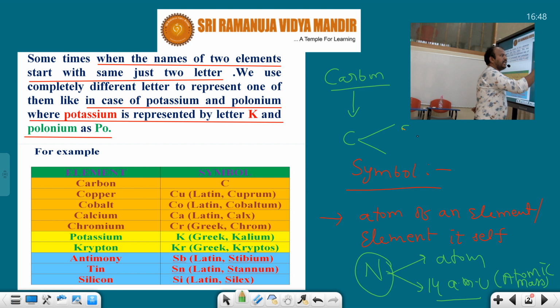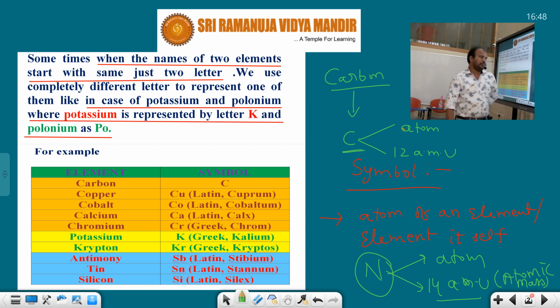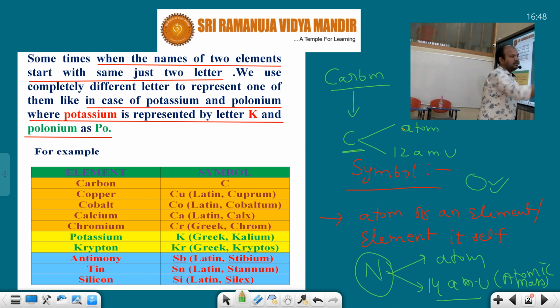So whenever a symbol is given, immediately in your mind the element name will strike. For suppose oxygen, immediately you have to write its symbol, because whenever an element name is given, in your mind the symbol should strike.